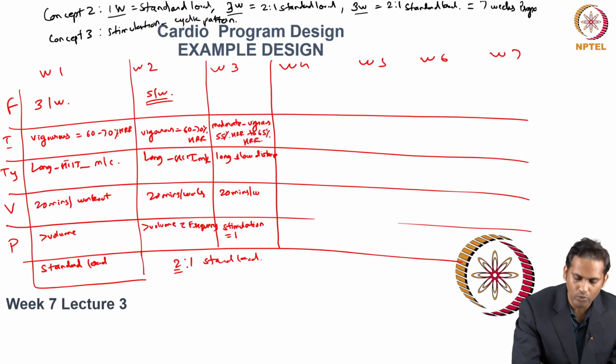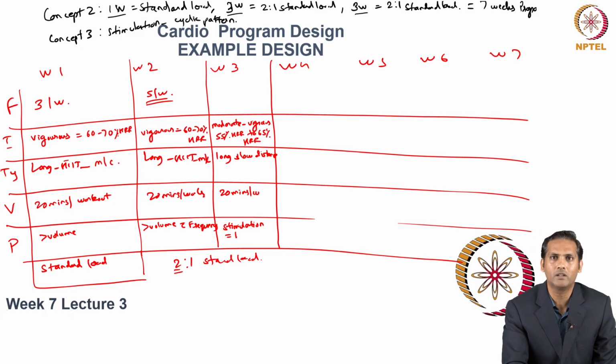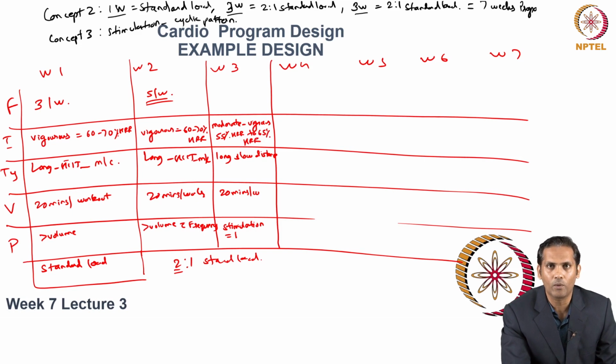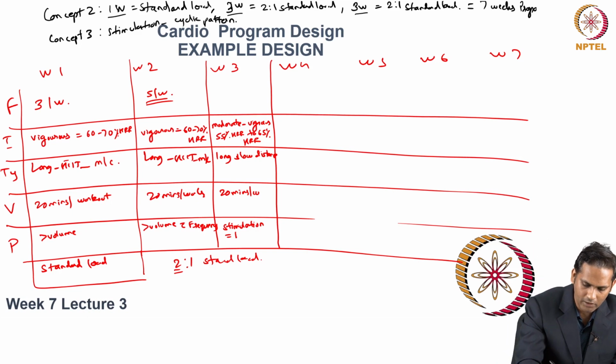So I try to do a cardio activity for 20 minutes non-stop, but at a lower intensity, because currently I do not have the capacity to perform a longer prolonged duration of cardio activity at a higher intensity. Here the frequency would be 5 days per week.